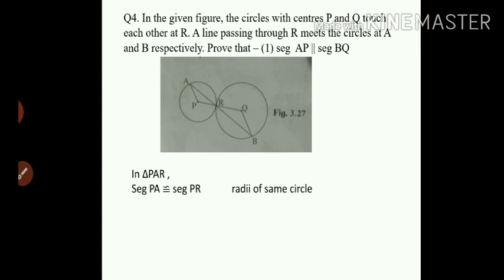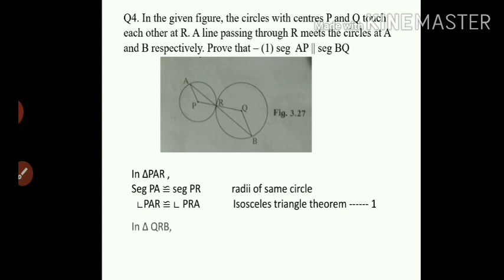When two sides of a triangle are congruent, it is an isosceles triangle, so the base angles are congruent: angle PAR is congruent to angle PRA. That is the isosceles triangle theorem, statement number 1.